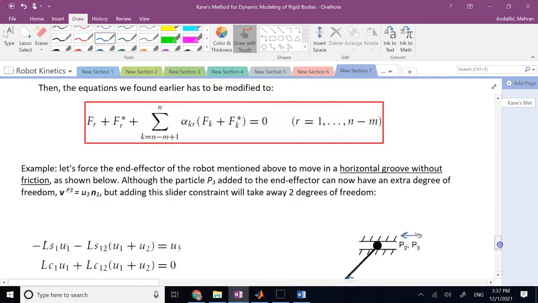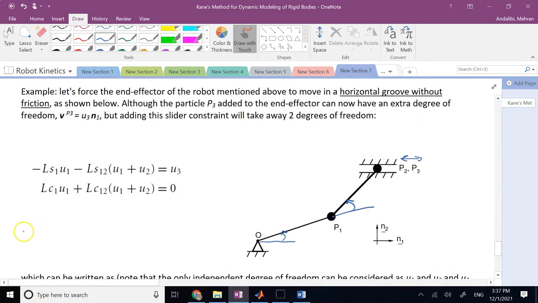So what I really need is v of P2 dot n2, the vertical component of velocity of P2, which is going to be exactly this: L1 C1 U1 plus L1 C12 (U1 plus U2). That has to be 0.